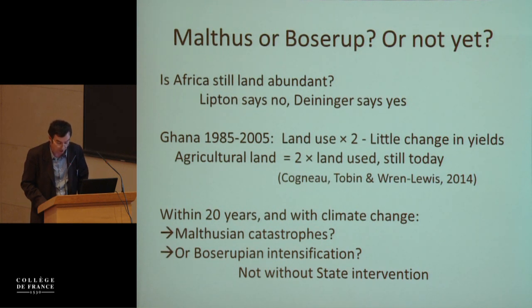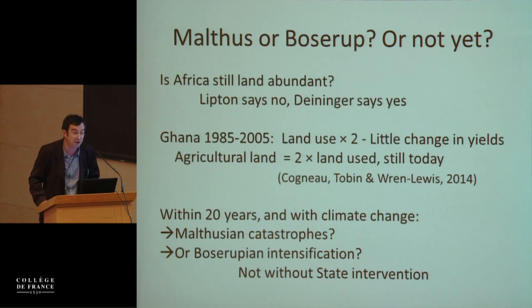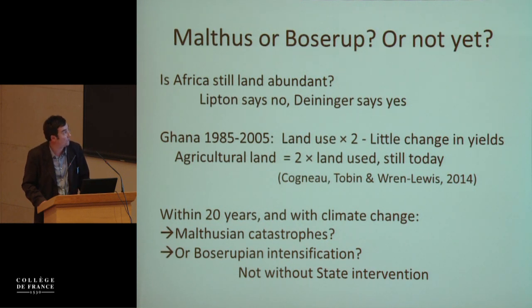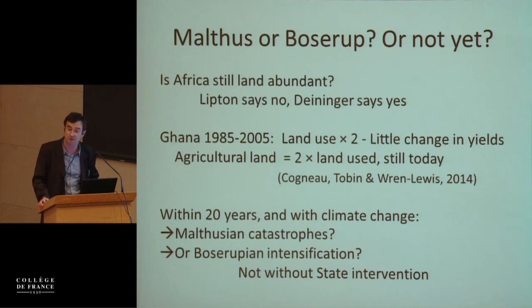Are we close to the point where the Malthusian constraint will be reached, and a kind of Boserupian intensification will begin? It's very striking to see that there is a very strong disagreement on that question.